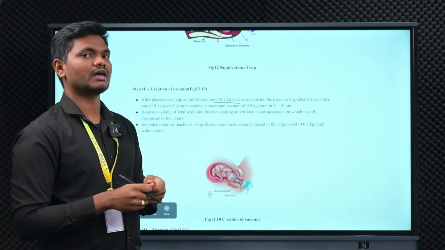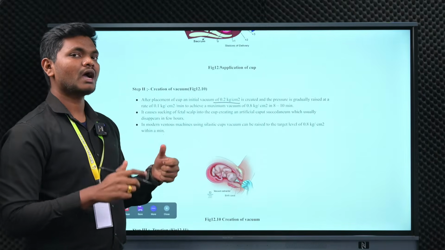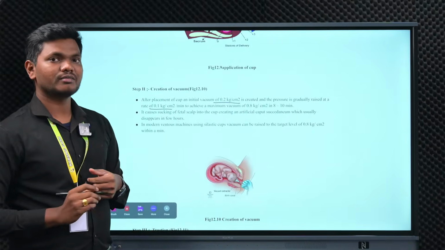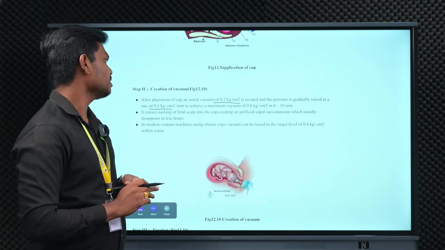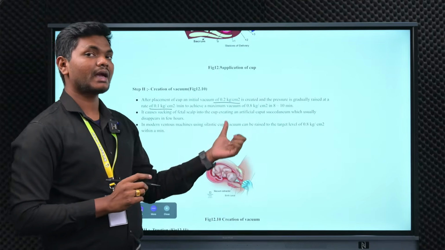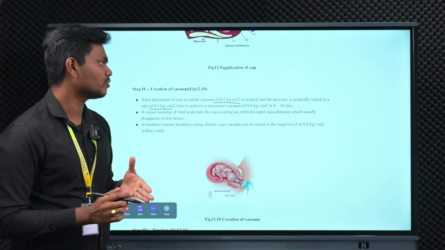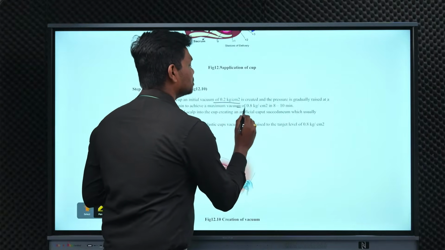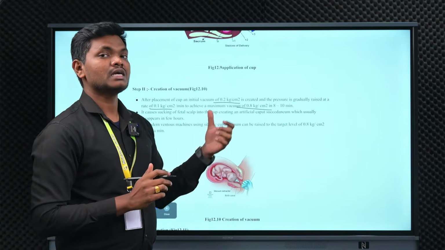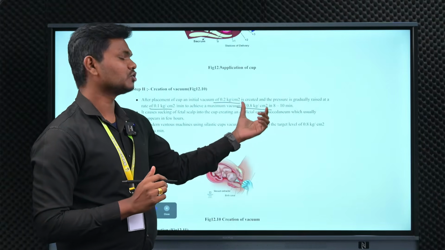Initiation of the vacuum is at 0.2 kg, and gradually every minute we increase it by 0.1 kg per centimeter square. The maximum vacuum we can create is 0.8 kg per centimeter square.